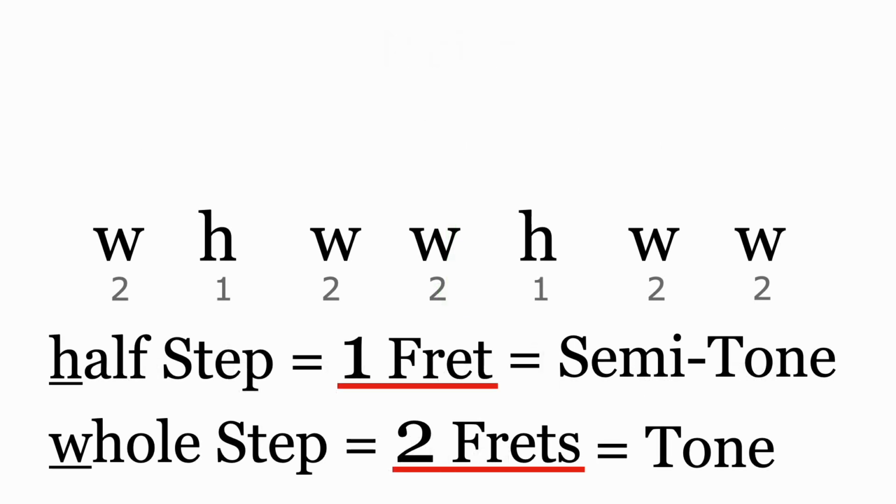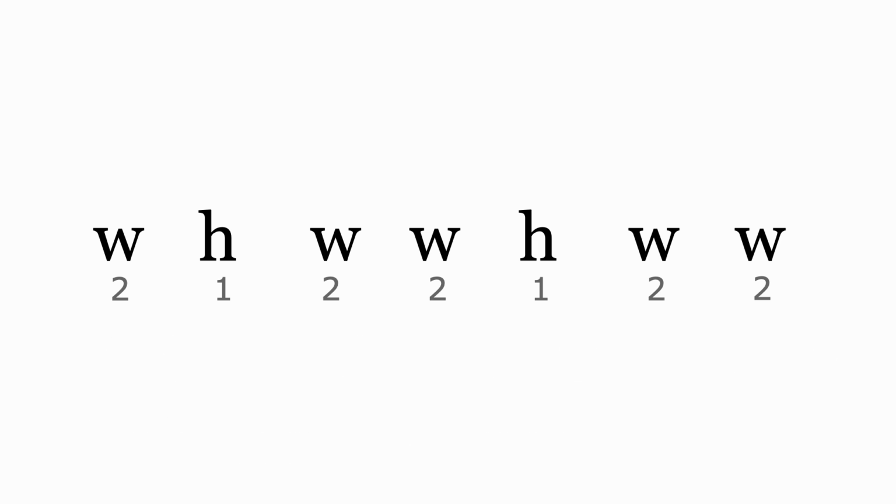So here, just a quick refresher, the half step and the whole step equate to 1 fret and 2 frets. You can't see me right now, but I'm doing air quotes. Let's look at a complex minor, right? We'll go with F sharp.